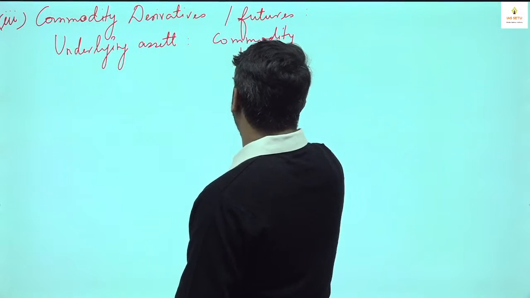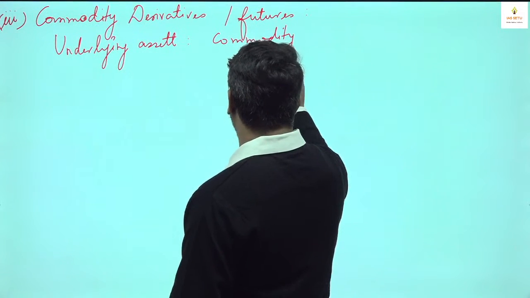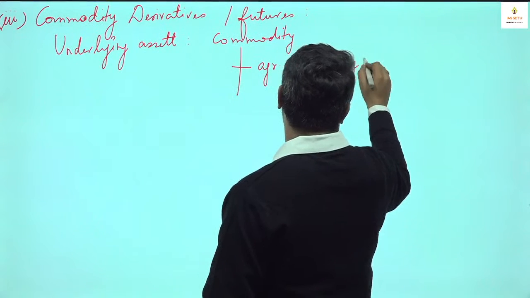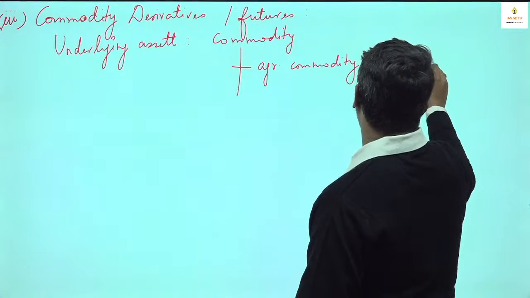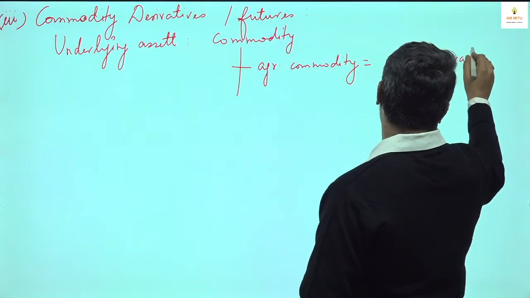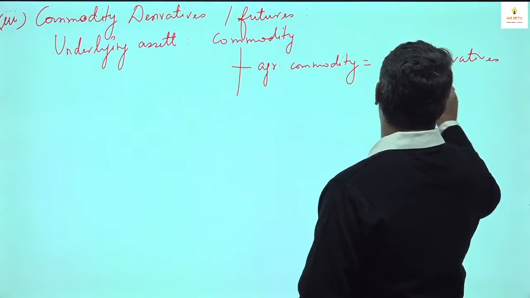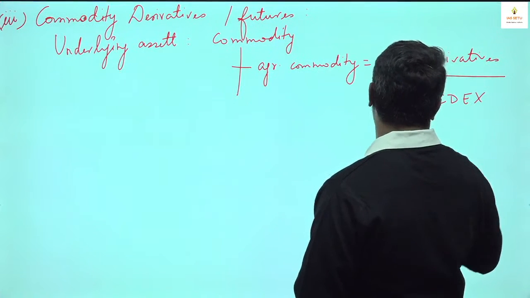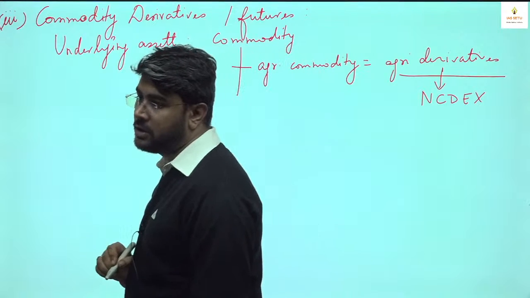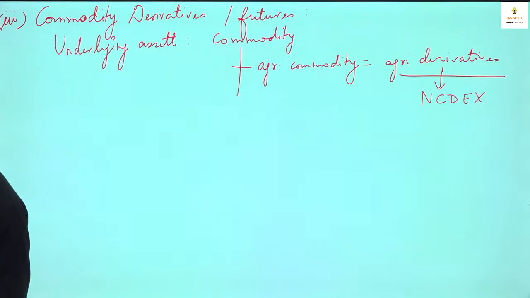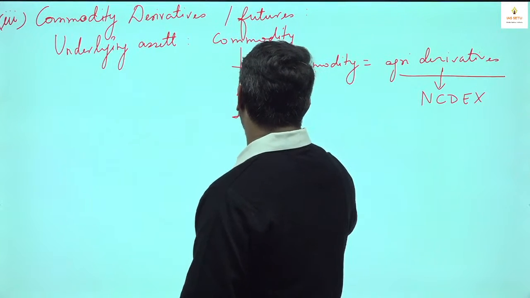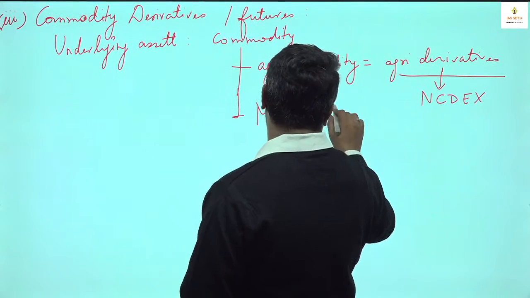So commodity can be in the form of some agricultural commodity, and thereby these derivatives will be called agri derivatives. And we have already written down where these are traded. These are traded on NCDEX, National Commodities Derivatives Exchange of India, right? And these commodities can also be in the form of metals or even natural resources.